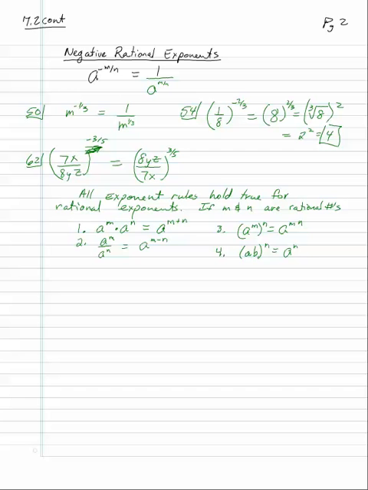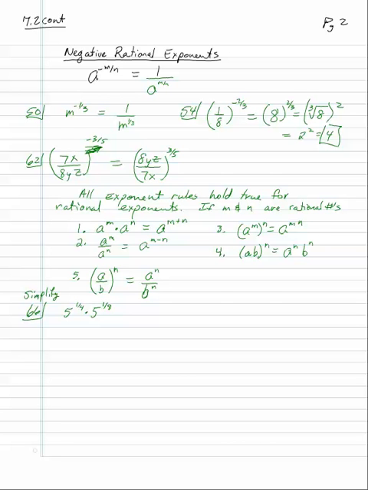A to the n, b to the n. If we have a quotient to a power, we're going to raise each thing to that power. Okay, so all those rules still apply, whether those exponents are whole numbers, fractions, doesn't matter.